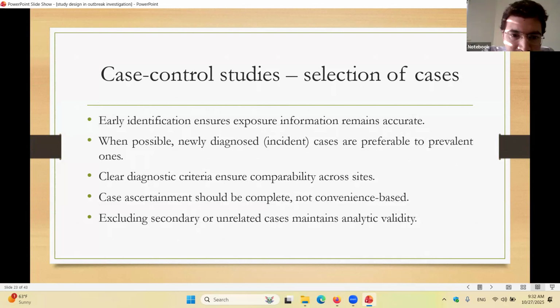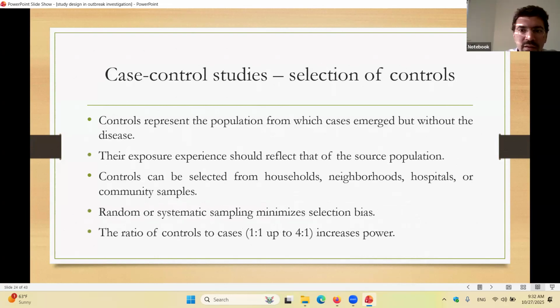Clear diagnostic criteria ensure comparability across sites. Case ascertainment should be complete and not convenience-based. Excluding secondary or unrelated cases maintains analytic validity. About selection of controls.